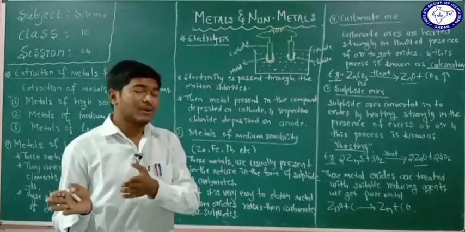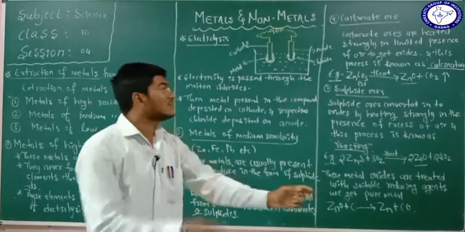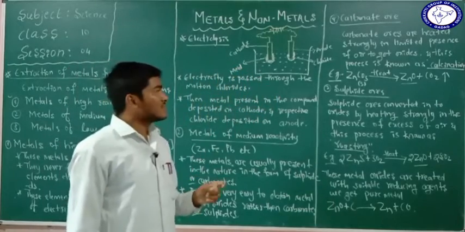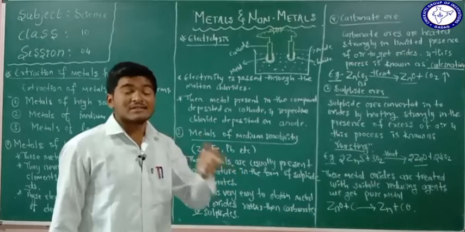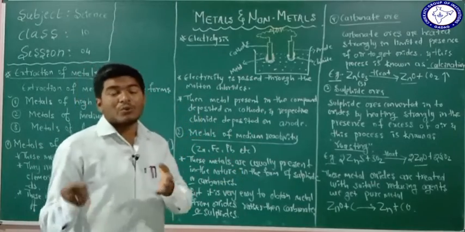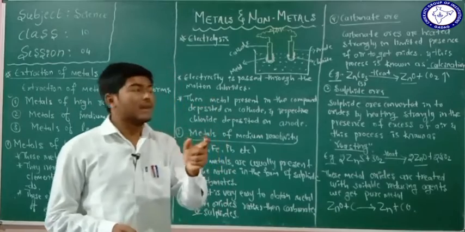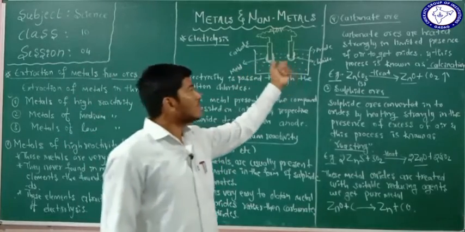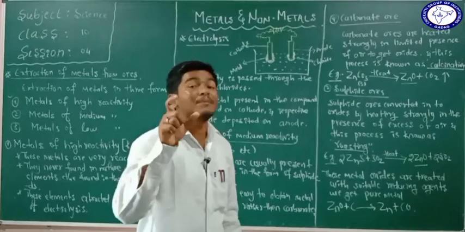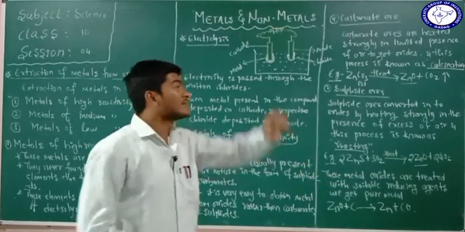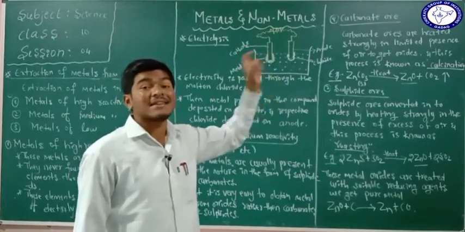So how are we going to convert the carbonate ores into oxide ore? The carbonate ores are heated strongly in a limited presence of air to get the oxide. In a limited presence of air to get the oxides, and this process is known as calcination.